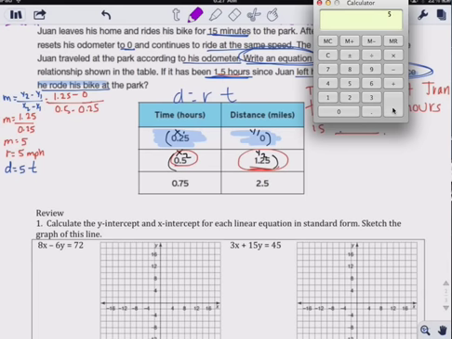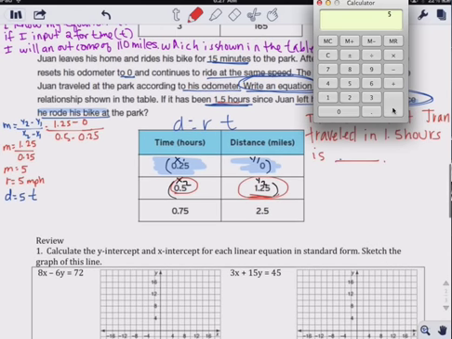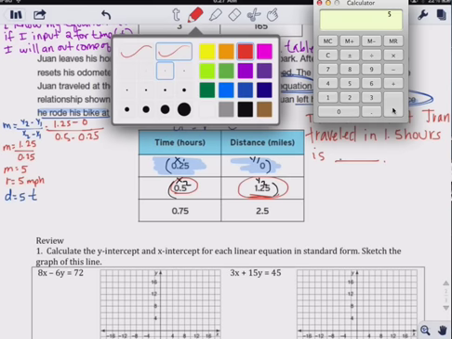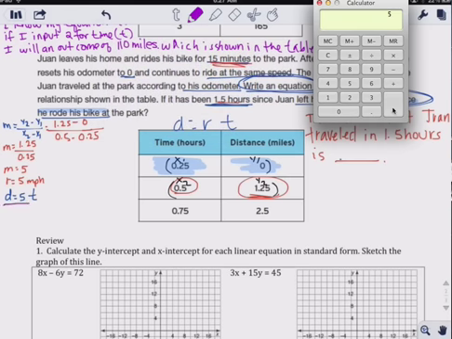He sets it at 0 again, but in that 15 minutes to get to the park, it wasn't 0. We can find the distance to the park by using this formula to find how far he really traveled, what this should have been instead of 0.